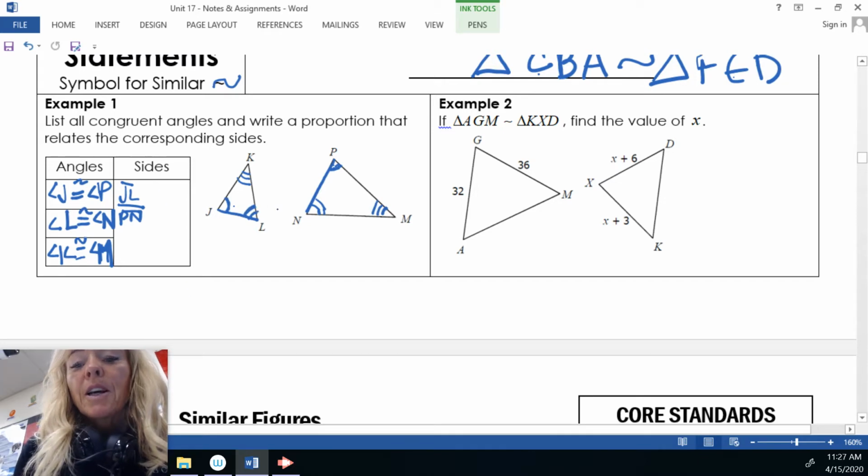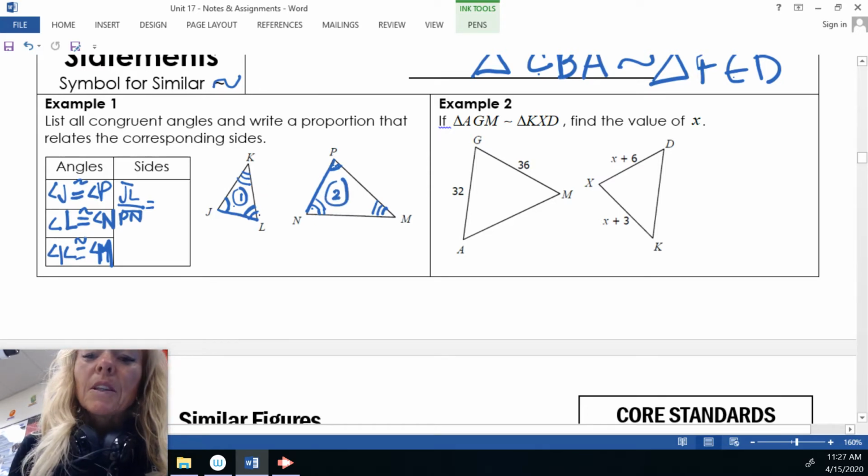So JL over PN is equal to, and then we are going to go 2 to 3 next, and we get to pick whatever we want, but 2 to 3, and we're making this triangle first and this one second, so that's important. So KL, the side KL that goes from 3 to 2, we're going to go 3 to 2 again on the other triangle, so MN.